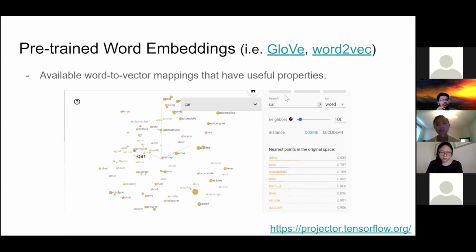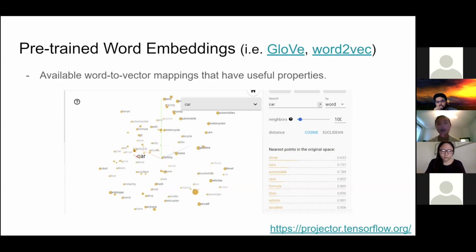Out of tens of thousands of vectors in Word2Vec, it's found the top 100 or so other words that have the highest cosine similarity, the closest vector representations.